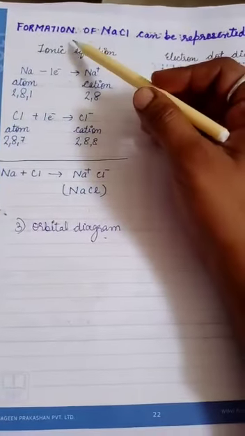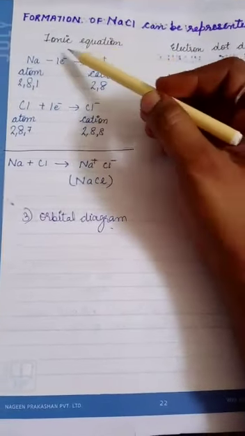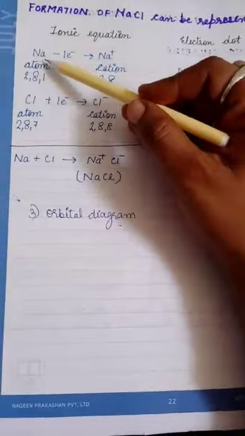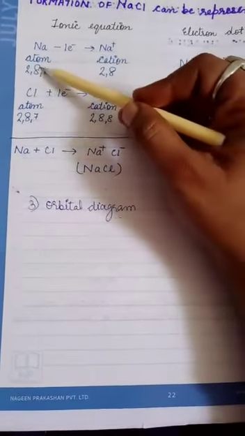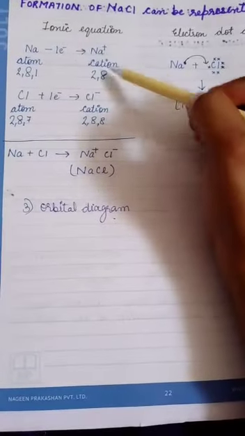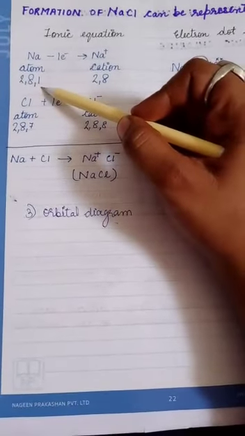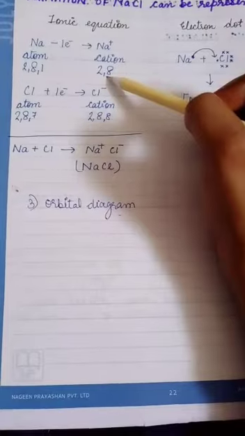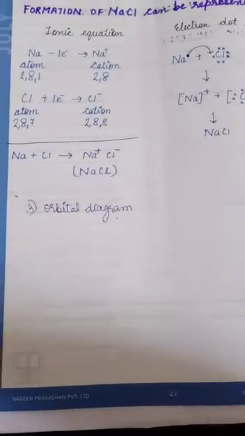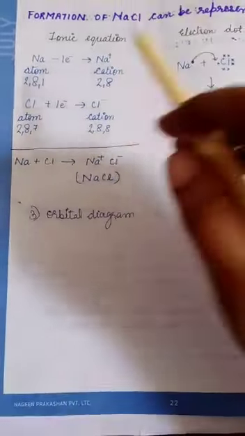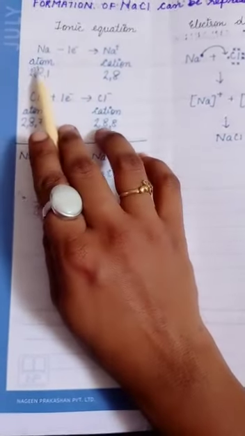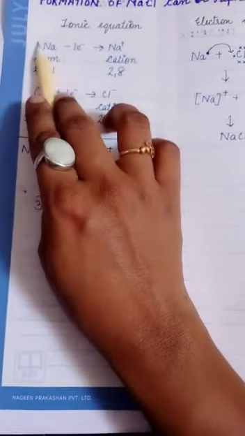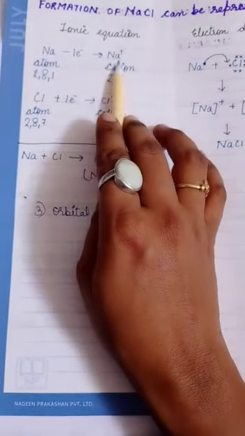Now here, formation of sodium chloride. In the ionic equation you will write: sodium atom loses one electron, forms a sodium ion, the atom gets converted to an ion. 2,8,1 is the previous electronic configuration. After formation of the ion, the electronic configuration is 2,8, hence it is now stable. So the atom is unstable, the ion is stable. An atom does not carry any charge on it, whereas an ion carries a charge.